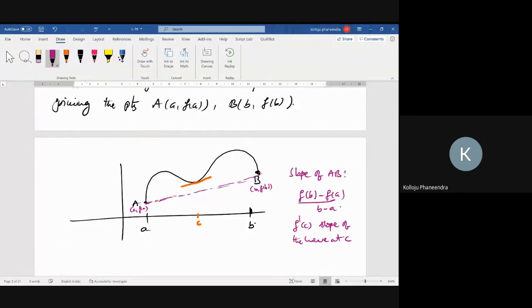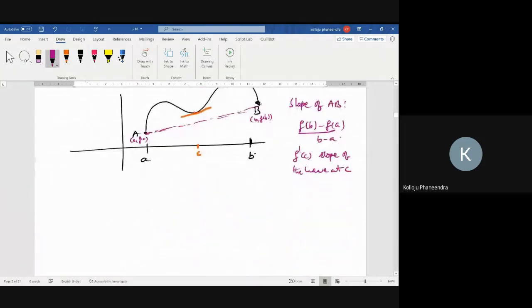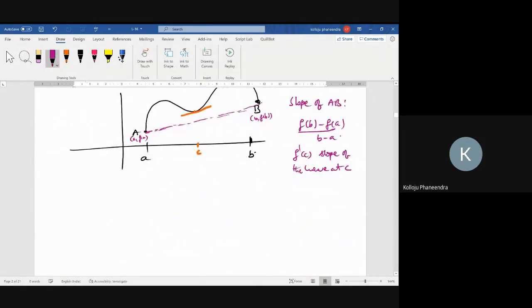Mean is nothing but slope. That is why it is called Lagrange's mean value theorem. And one more point. After this, let me write the parametric form, with the same logic and same expressions. Parametric form of Lagrange's mean value theorem.